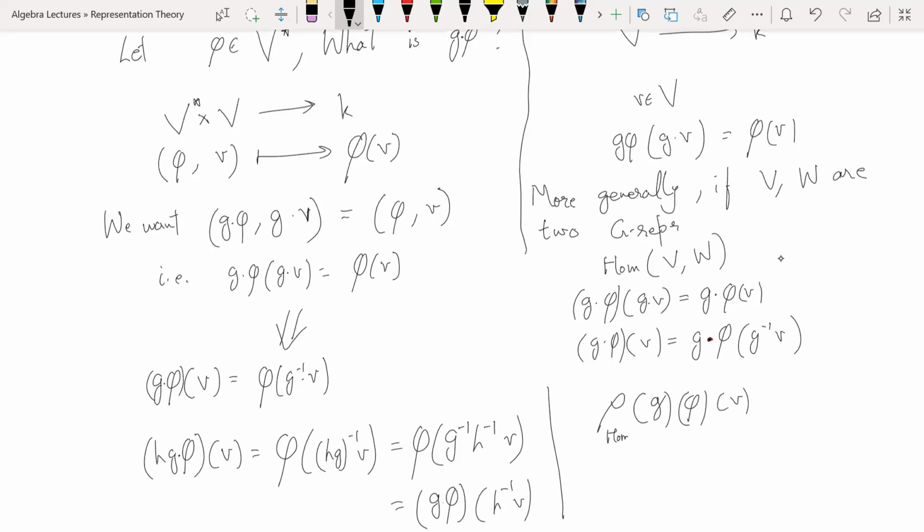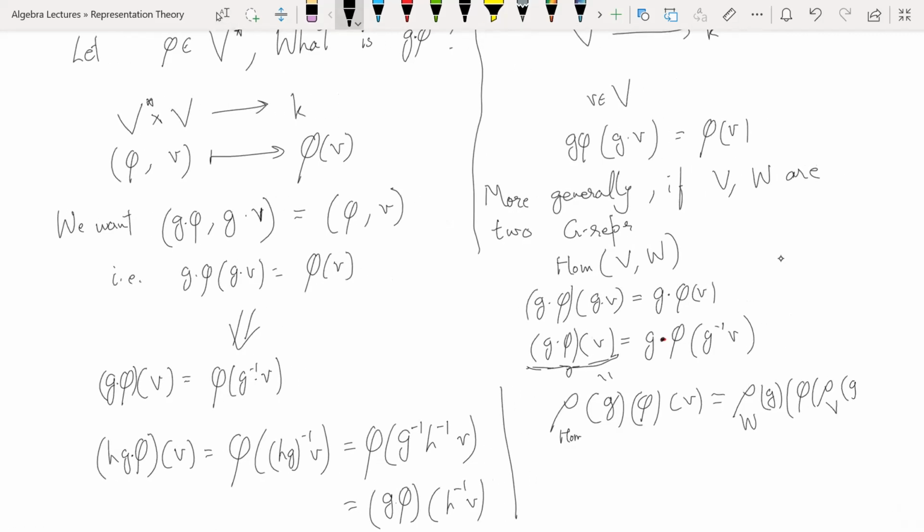So what I have written so far is the left hand side. If you try to write it in terms of rho, it looks this complicated. There is a reason one uses this kind of notation. This should be the same as rho W of G, which is now a linear map from W to itself, evaluated at phi of, so the image of phi is in W, phi of rho V of G inverse.